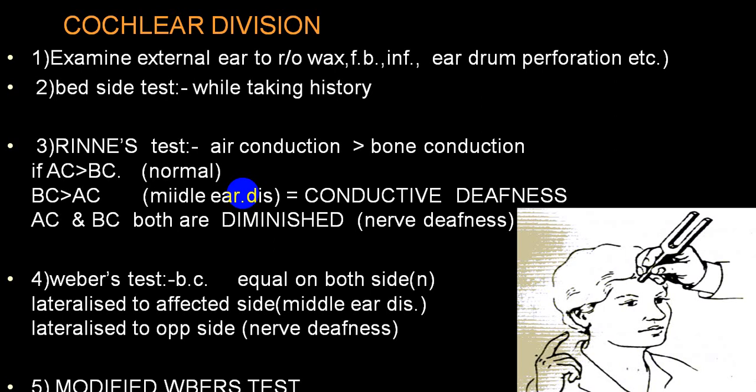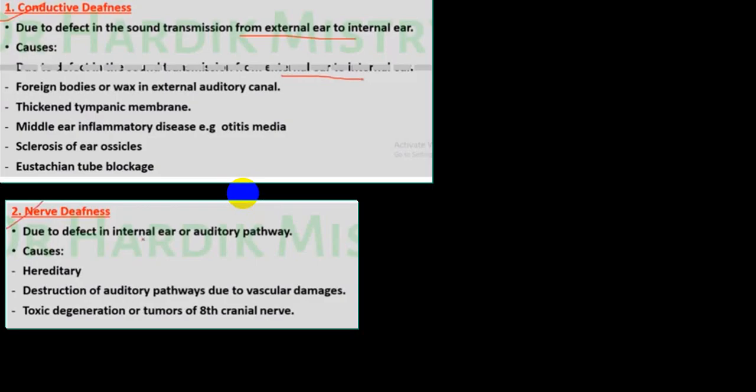And this is Weber's test. In modified Weber's test, you close both external auditory canals. So that will make it more sensitive, because now you are testing only bone conduction, where air conduction you have stopped because you are closing both external auditory canals. So that will make Weber's test more sensitive.